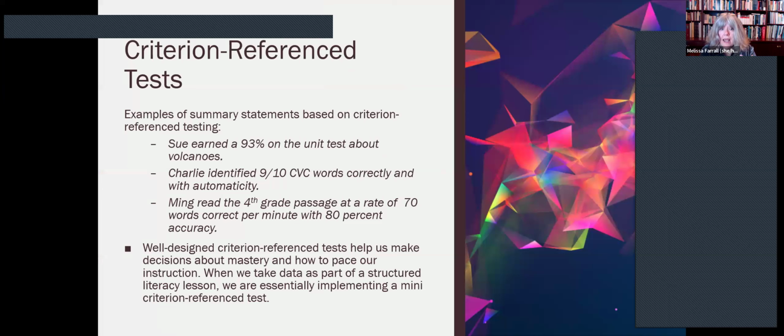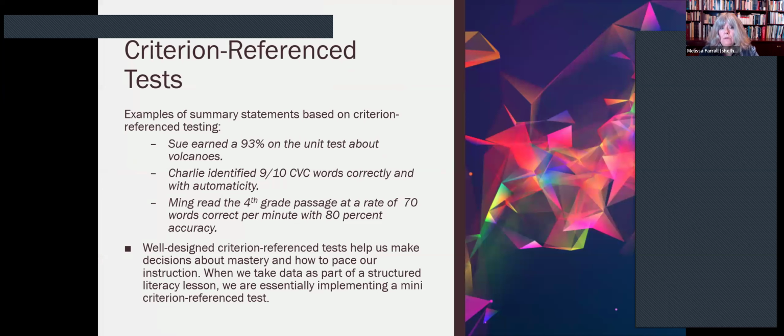Or it can be really well defined, as in what we do in structured literacy when we ask children to demonstrate skills with, for example, the closed syllable pattern, to what degree they can decode CVC words. And it's criterion reference tests that let us make certain statements about our students.